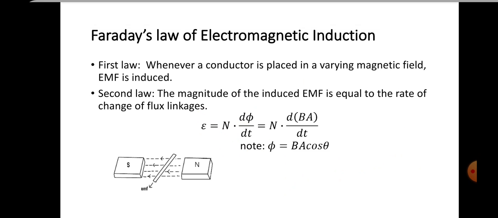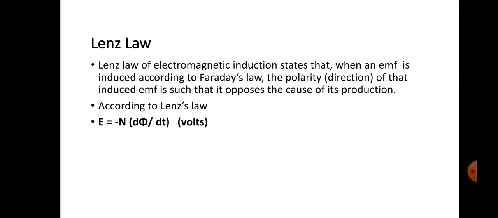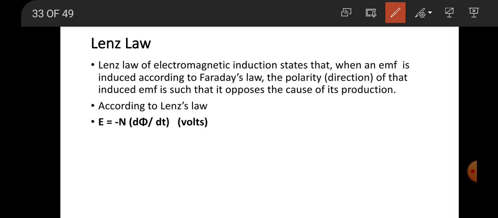Beautiful. That now leads us to the second law, called Lenz's law. According to Lenz's law of electromagnetic induction, when an EMF is induced according to Faraday's law, the polarity or direction of the induced EMF is such that it opposes the cause of its production.